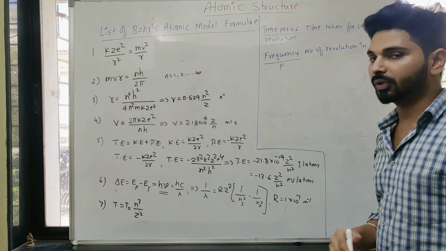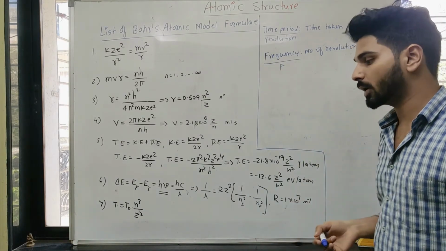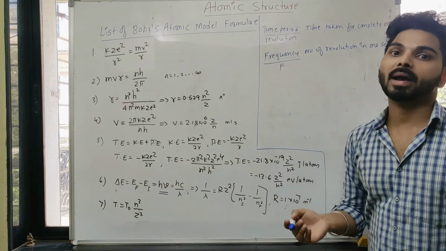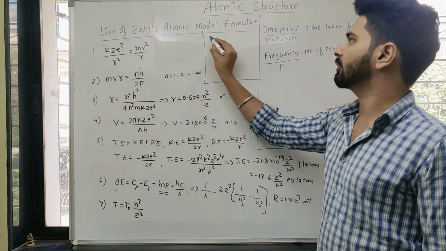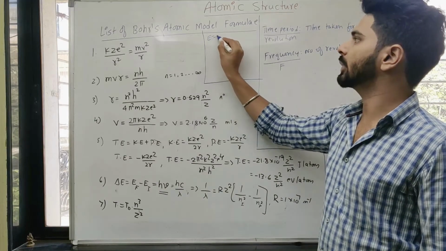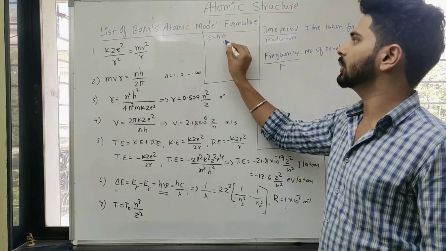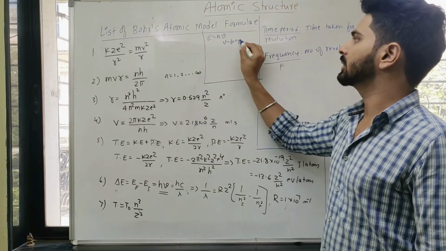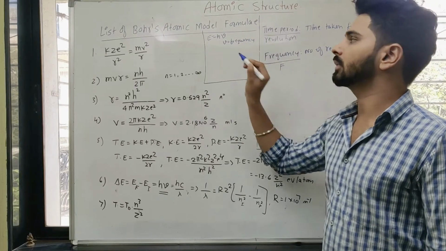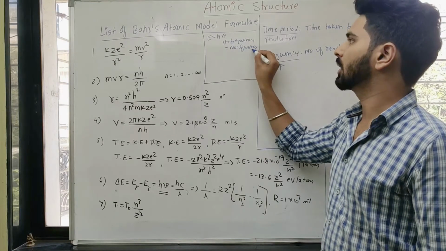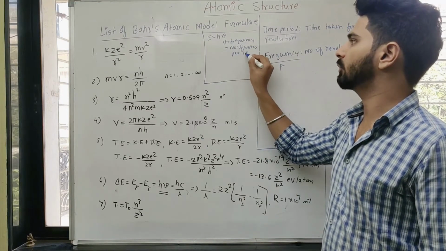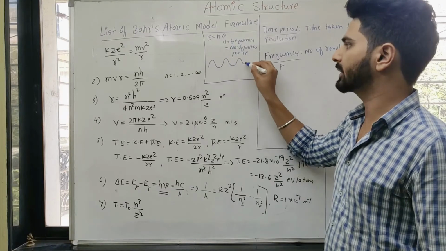Don't get confused with the frequency that we have studied in electromagnetic theory. There we have the formula E is equal to h nu. Here nu is frequency, nothing but the number of waves per second, for the wave which is going like this.